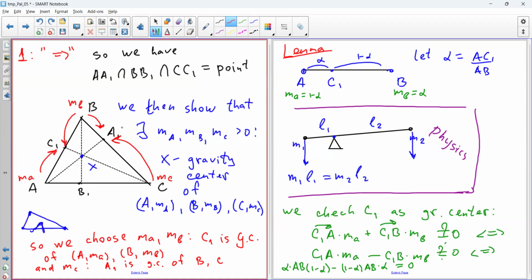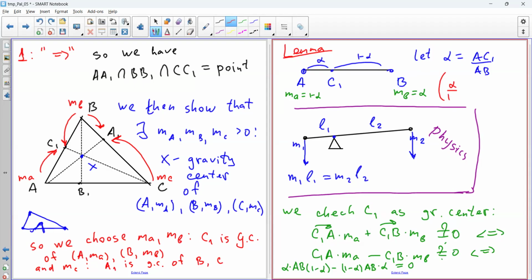then we can make two observations. First of all, the ratio of AC1 to C1B, which is here just alpha to 1 minus alpha, would be just the reciprocal ratio of the masses in A and B, right?